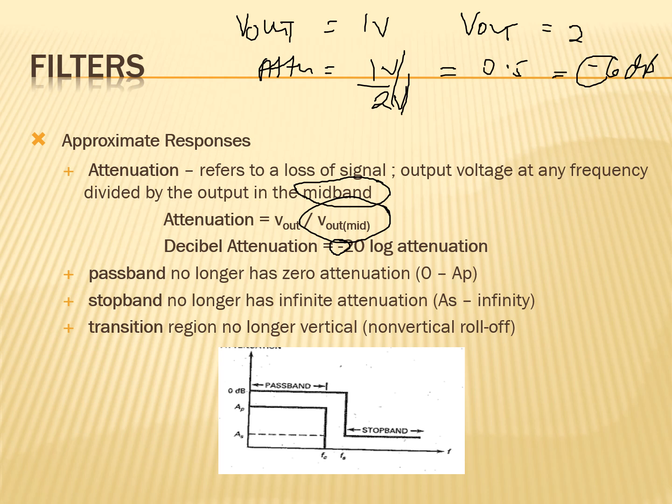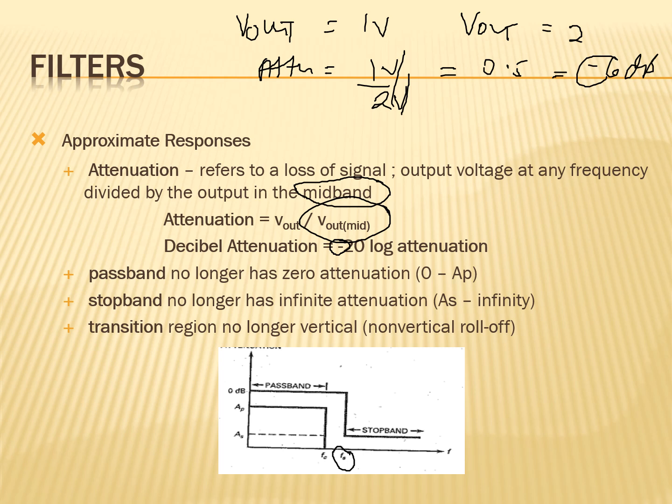It doesn't stop having an output once you reach the cutoff frequency. So we have here a new term, which is your FS. The stop band starts above FS.